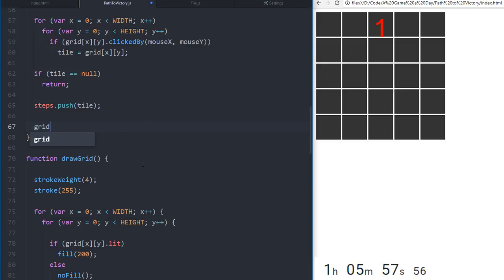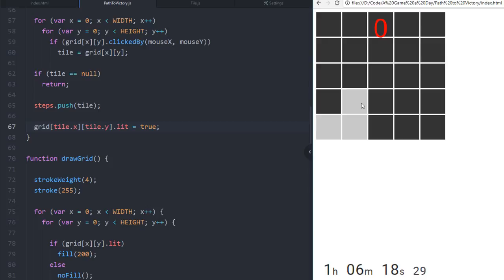So grid tile.x, tile.y equals tile dot lit equals true. There we go. I think this goes by too quick. Cool. Okay.